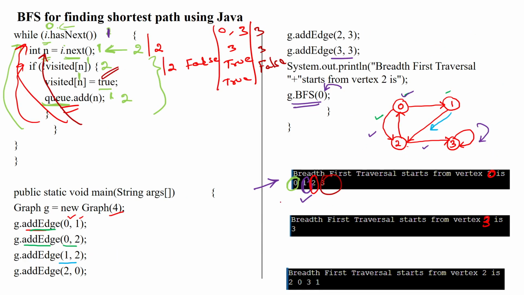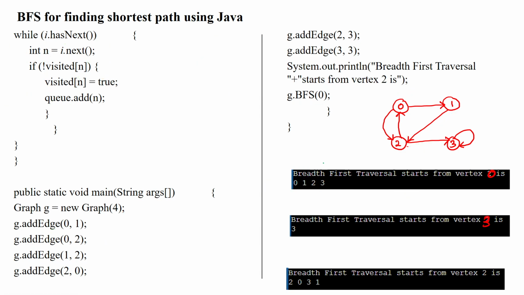So given the list, it is printed 0 1 2 3. You look at that path. So from the given graph, the path is 0 to 1, then 0 to 2, then here 2 to 3. Okay, this is the path. So like that, when you are using the vertex 3, and passing bfs of 3 here, then it is starting from the 3, so 3 to 3 only.